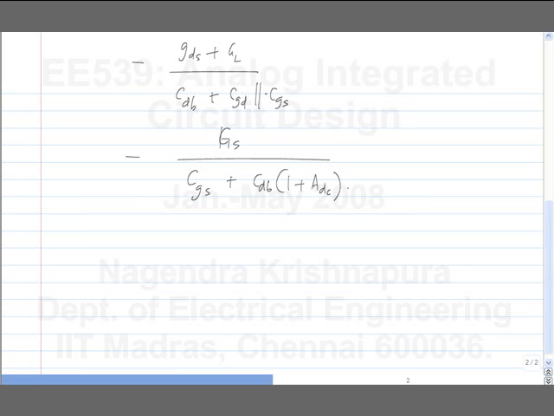Is this what you remember from the first assignment also? Oh, sorry, this is a mistake I made. What he said in fact was CGD. I had written CDB, that's not CDB, CGD.